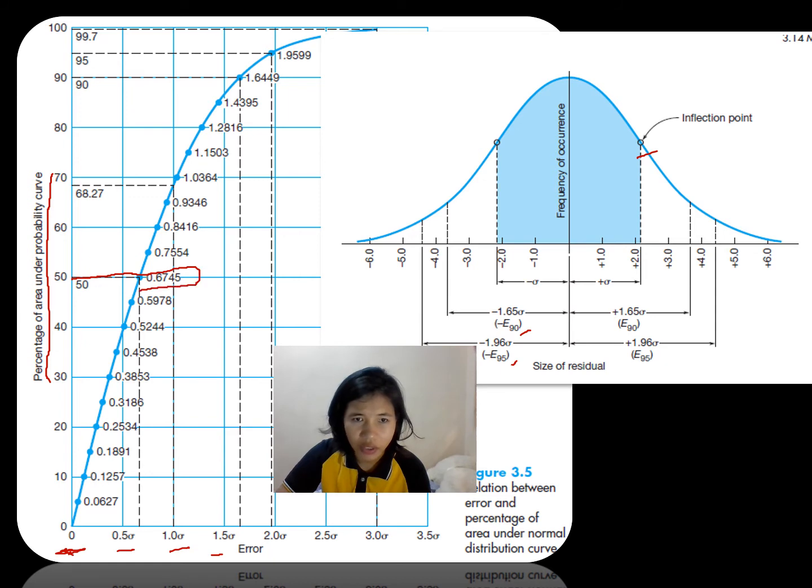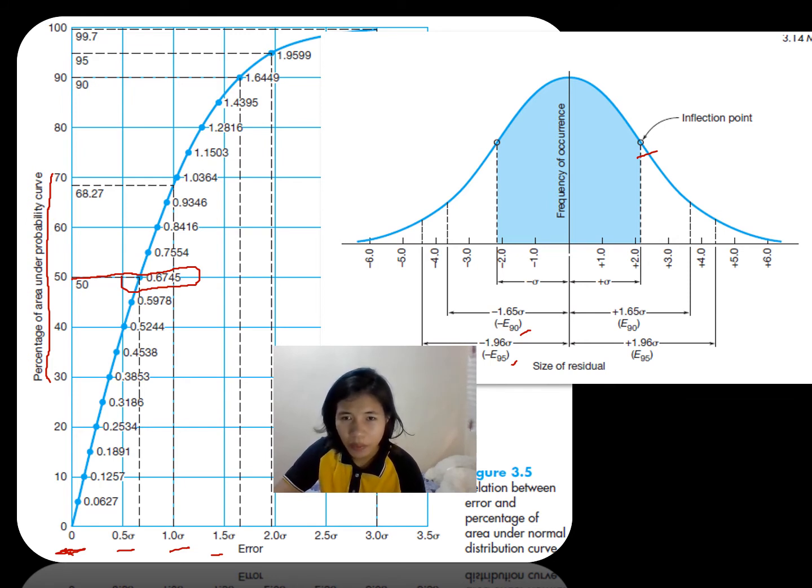So, at 50%, if you observe this value, observe nyo si value, di ba? At E50, yung value is 0.6745. Are you familiar with 0.6745? Diba, ito yung constant na minimultiply natin sa standard deviation, diba? So, plus minus 0.6745 to determine the standard deviation of a 50% error. Ito yung ating 50% error.